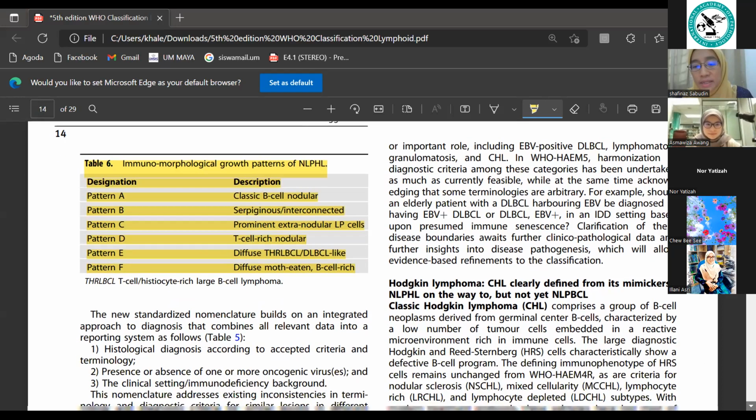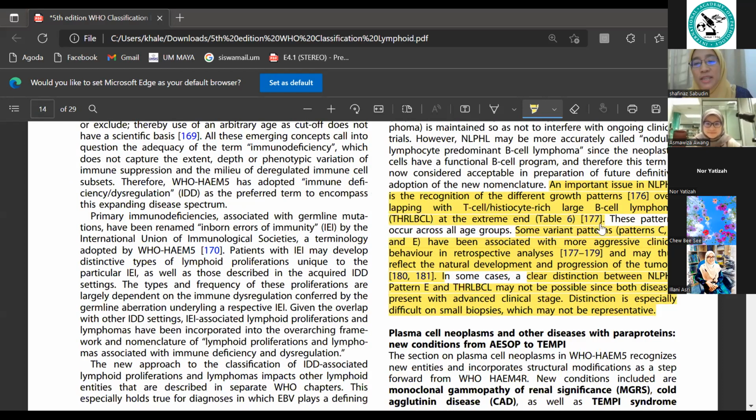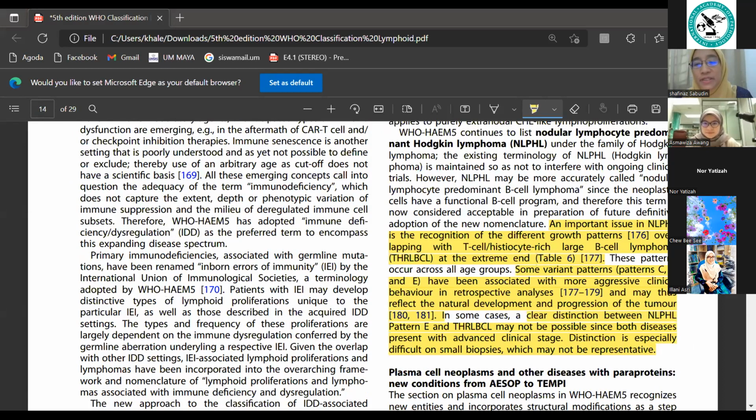And in the text, they have also acknowledged the overlapping, as I highlighted here, let us read. An important issue in nodular lymphocyte predominant Hodgkin lymphoma is the recognition of the different growth patterns overlapping with T-cell histiocyte-rich large B-cell lymphoma at the extreme end. And some variant patterns, especially pattern C, D, and E, have been associated with more aggressive clinical behavior.